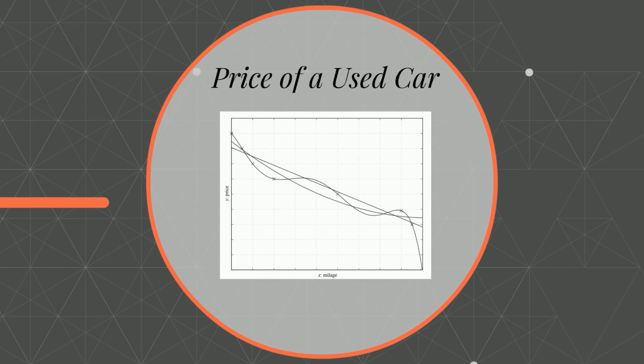But as shown by our sixth order polynomial here, a higher order polynomial follows individual examples closely instead of capturing the general trend. So you see the sixth order polynomial is dropping off significantly towards the end of our graph here on the right side according to x in mileage. And that's probably not representative of the general trend of this data.